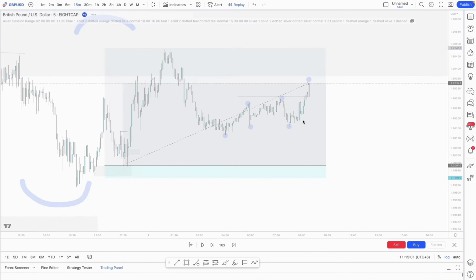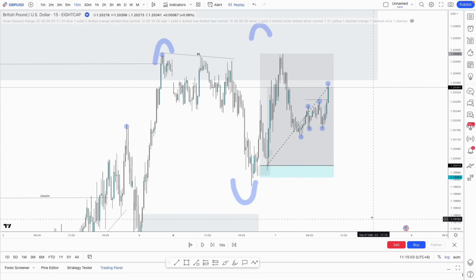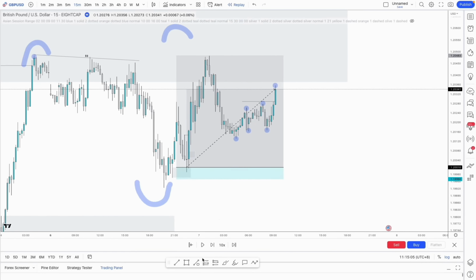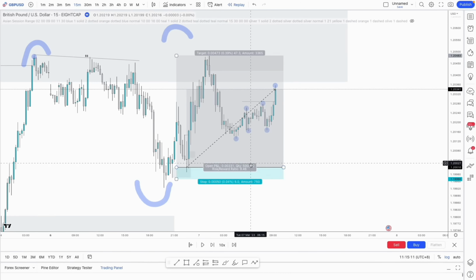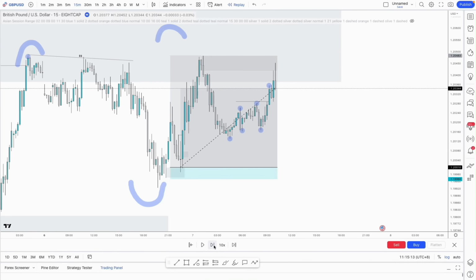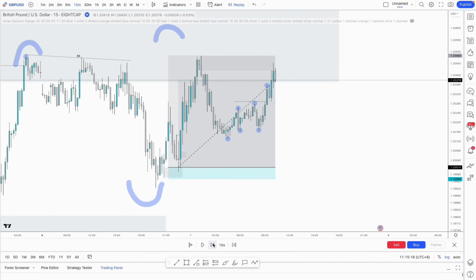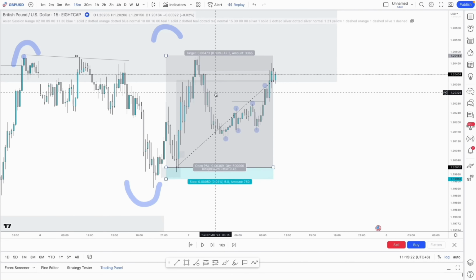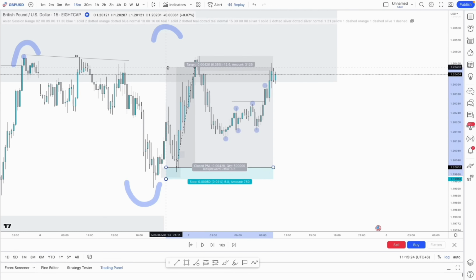But again, what I actually did, just for me psychologically, was I had this mapped out because this is a point of interest that has shown some volume come out of it. So when price got in there and I saw this, I ended up just closing the position at 8.44.